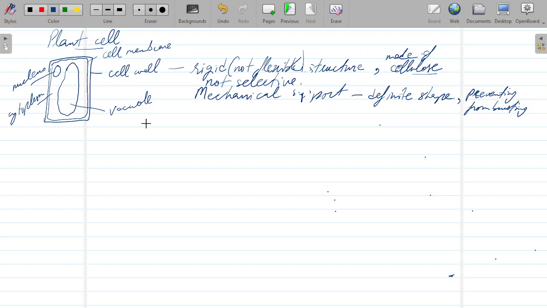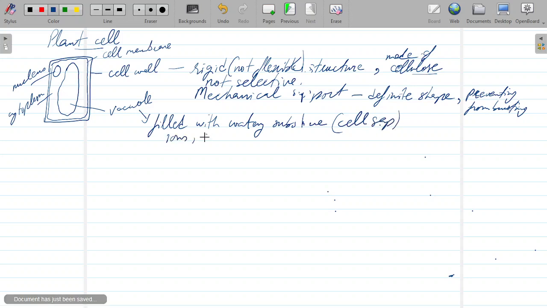The vacuole is filled with a watery substance called cell sap. It might also have ions and certain salts.